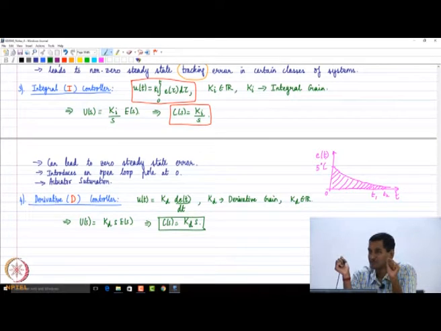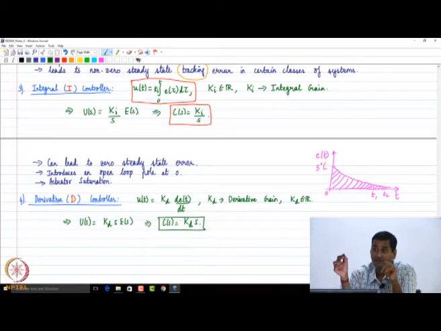What is a proper transfer function? The order of the denominator must be greater than or equal to the order of the numerator. Here the order of the numerator is 1 and the order of the denominator is 0. So this is not a proper transfer function, but when you put it together, we want the open loop transfer function to be proper. That typically would work out. So that should be kept in mind.